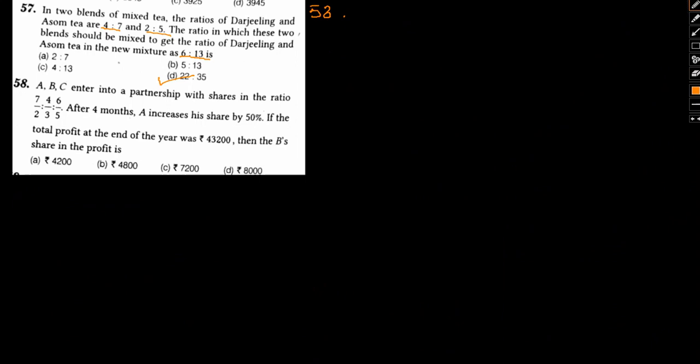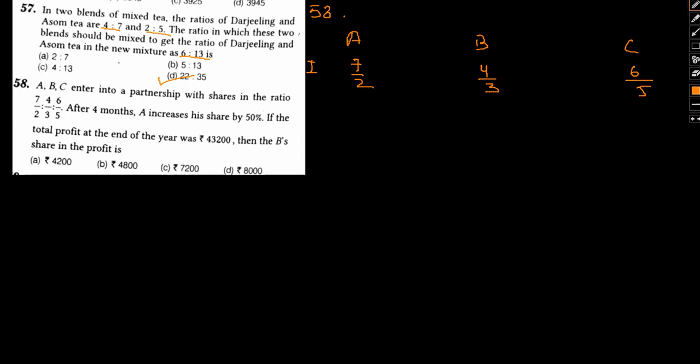So it's given. We have A, B, and C. Their investments are in the ratio 7/2 : 4/3 : 6/5. Now let me multiply this entire thing by the LCM of 2, 3 and 5, so this will be 30.